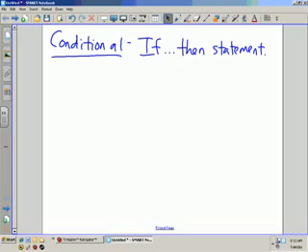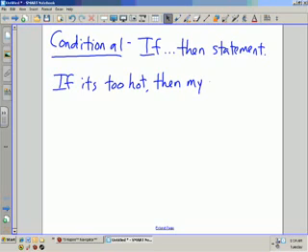An if-then statement could be something like, if it's too hot, then my ice cream will melt. And generally speaking, I think that's a true statement, that if I'm holding ice cream and it's a hot summer day, the ice cream is going to melt on my hand.